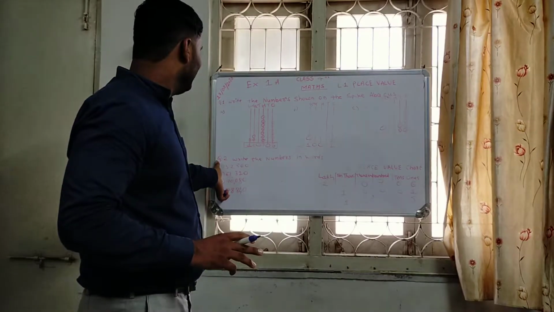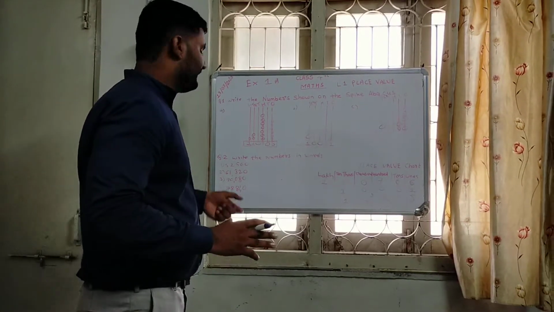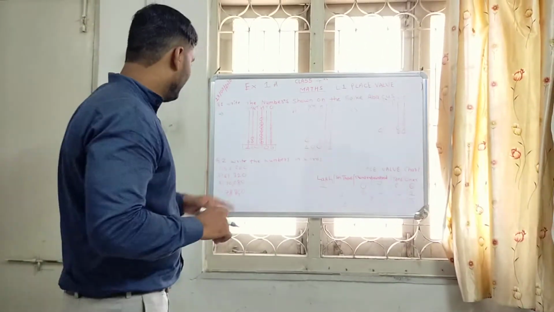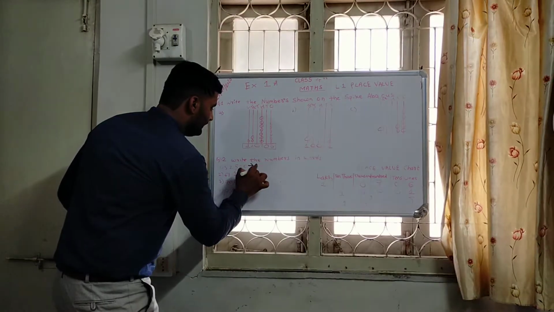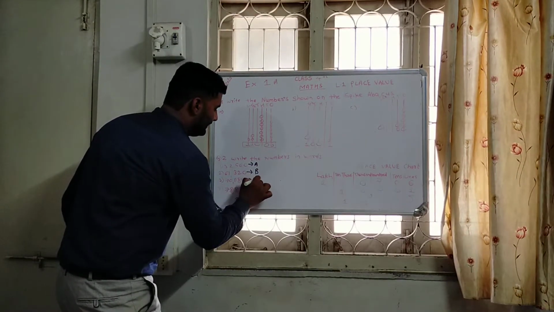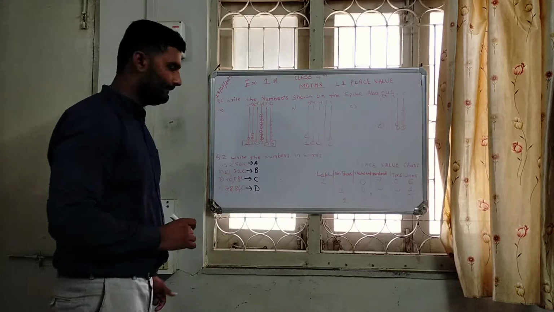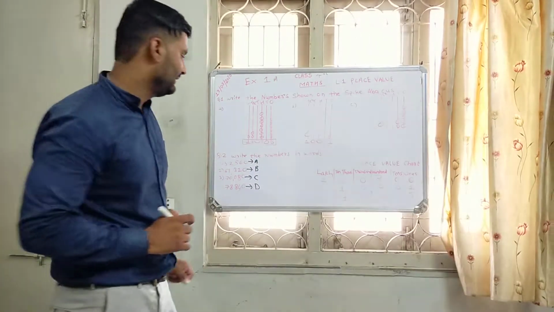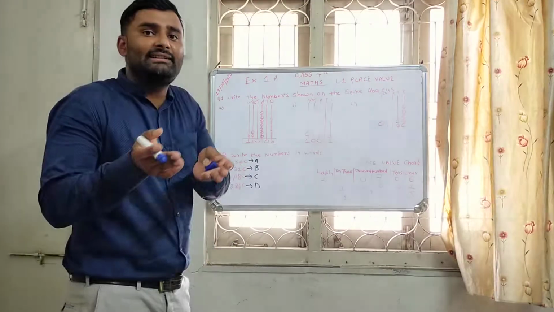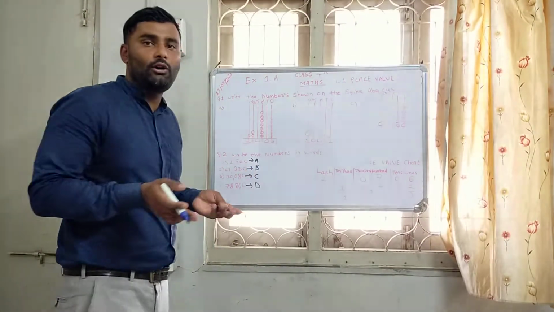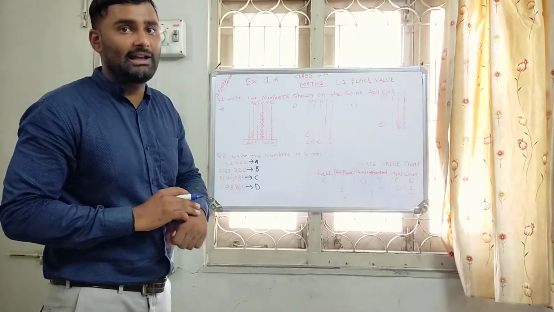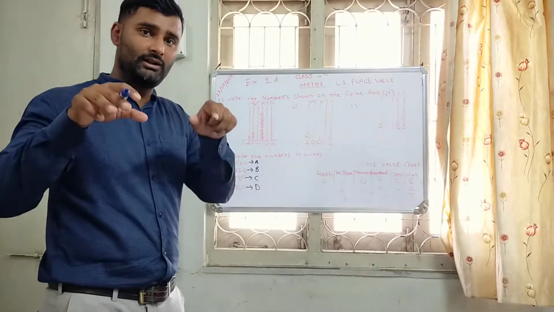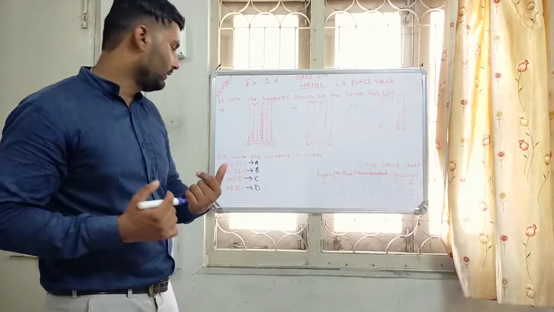Our question number 2 is that the numbers are in the form of 4 people: person A, person B, person C and person D. That means they have some age, and that age is in terms of hours, that is, how many hours, minutes and seconds they have lived in this world.